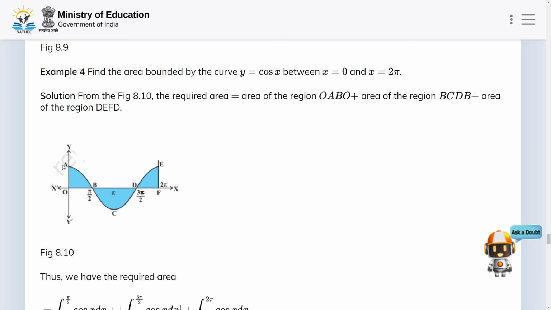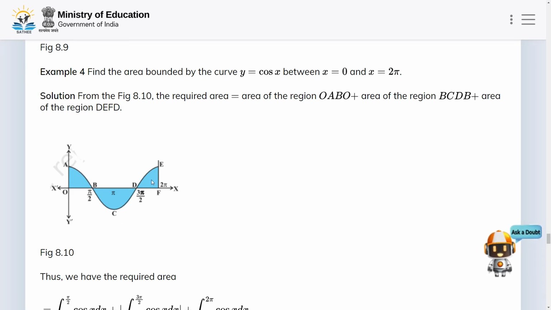For the area OABO, this is above the x-axis, so there is no need to apply any kind of absolute value. Now BCDB, this area is under the x-axis, so we must apply the modulus sign here.